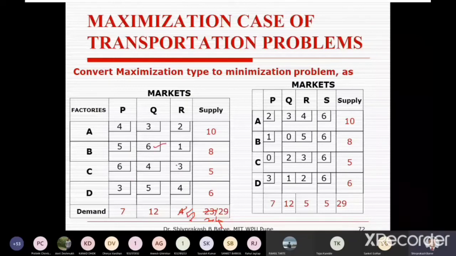Now for each cell value, subtract it from 6. Consider this step, it is a very important step to convert from maximization to minimization. In this cell, we have checked all the values and found the highest value. So I got highest value 6.